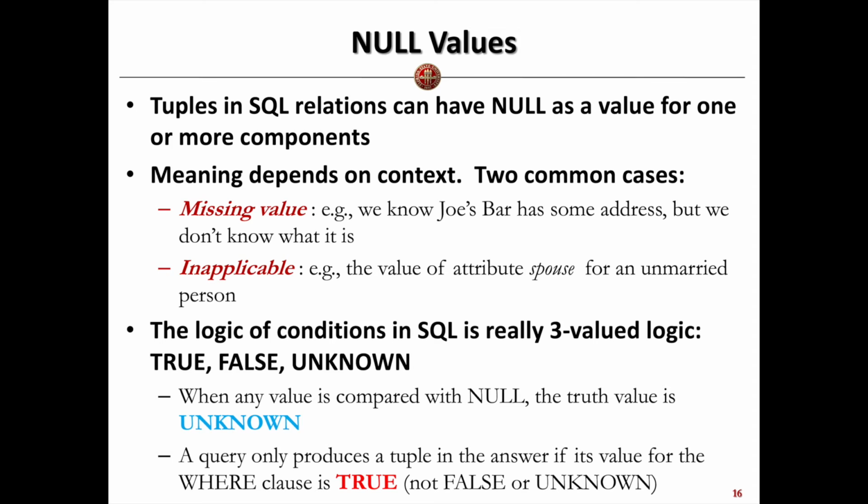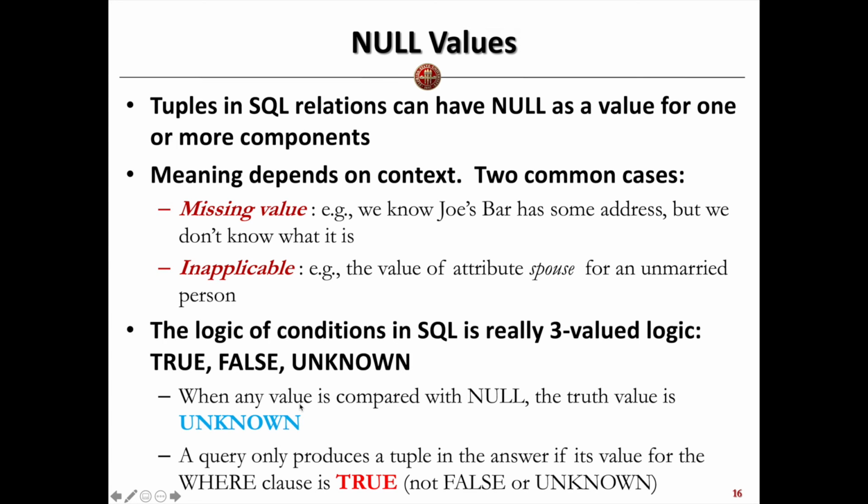For example, the value of the attribute spouse for an unmarried person will be null because it is not applicable for the person. Now let's think: if in the where clause, some attributes we are comparing are null, what will happen? If we define some boolean conditions based on these attributes, then we can assign the truth value to be unknown.